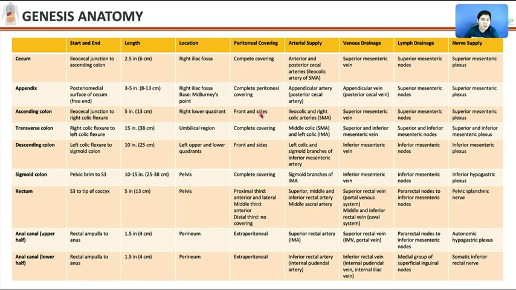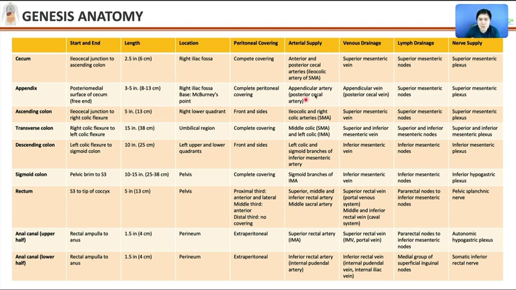That's why they are retroperitoneal. For your rectum, the proximal third has covering only anterior and lateral. Your middle third, anterior only. So the proximal and middle thirds are retroperitoneal, while your distal third has no covering, so the distal third is extraperitoneal. Your anal canal is also extraperitoneal.